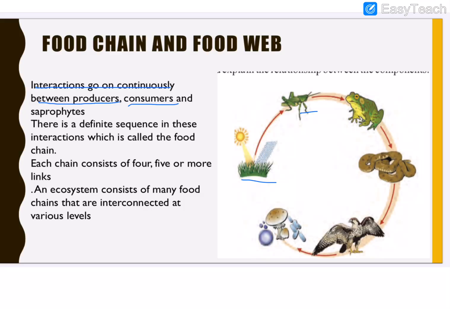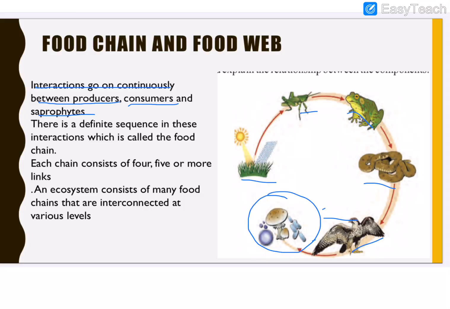Consumers like grasshopper, frog, snake, and eagle all come under consumers, and saprophytes means microorganisms which decompose the dead animals like eagle, snake, or frog. When dead animals are decomposed by microorganisms, they are called the saprophytes. You can see saprophytes.